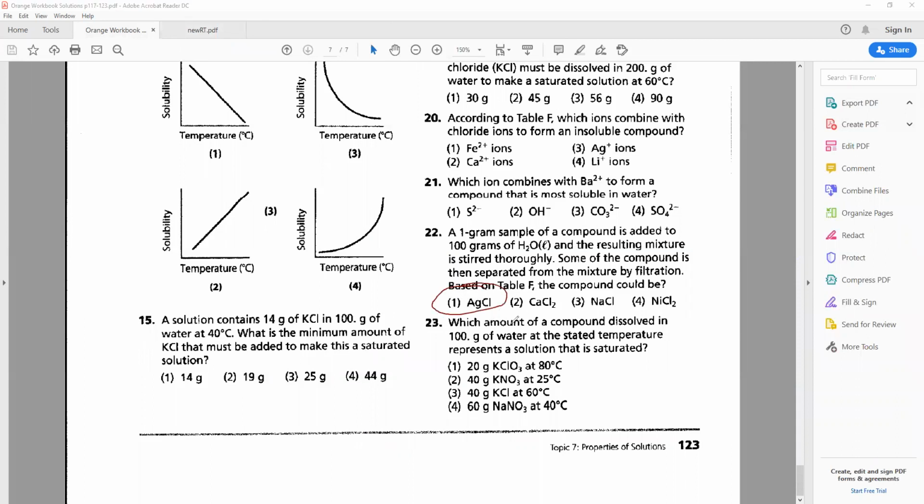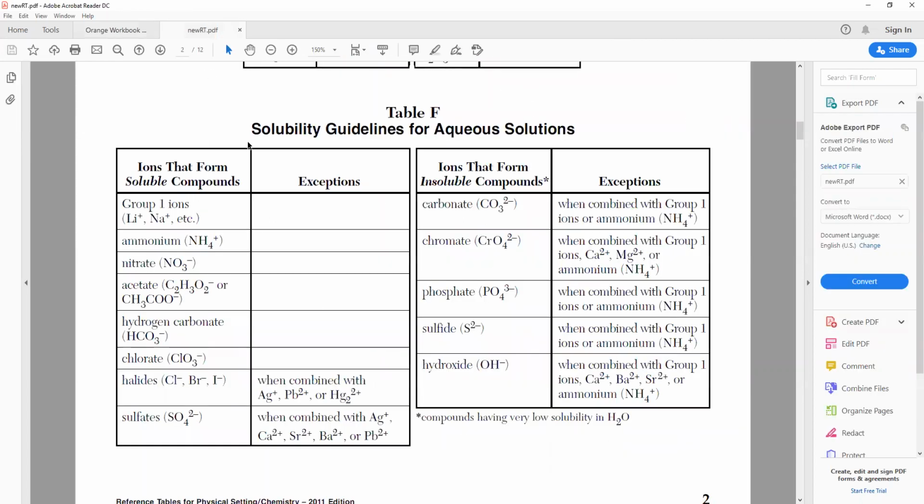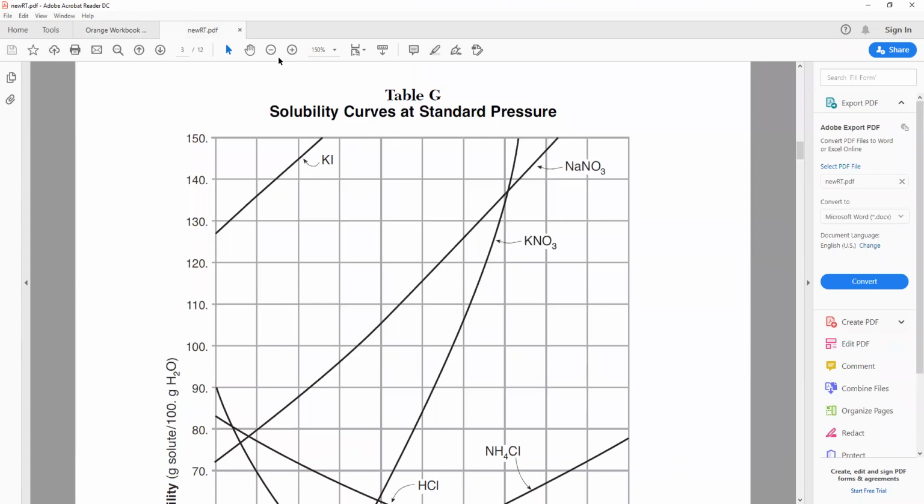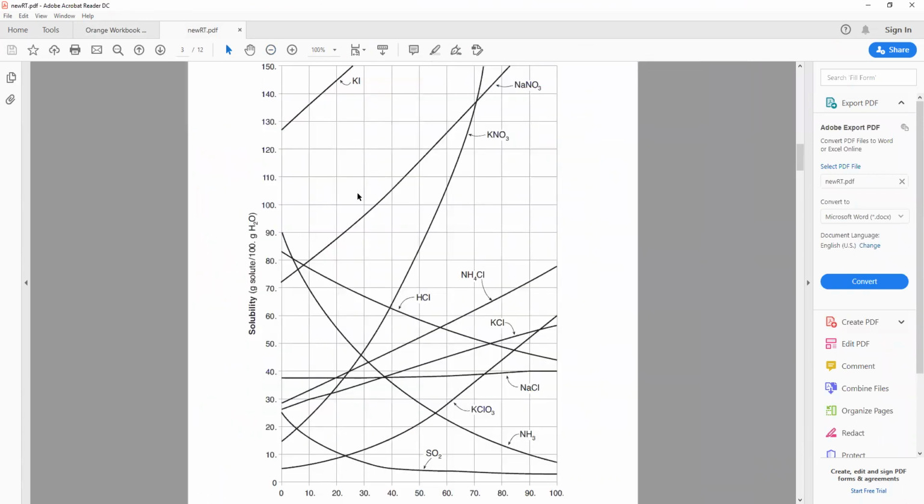Finally, which amount of a compound dissolved in 100 grams of water at a stated temperature represents a solution that is saturated? That means that it's on the curve, and you are going to find all these points, the temperature and the grams, and see what's going on. So let's go to our reference table G. I'm going to minimize a little bit.